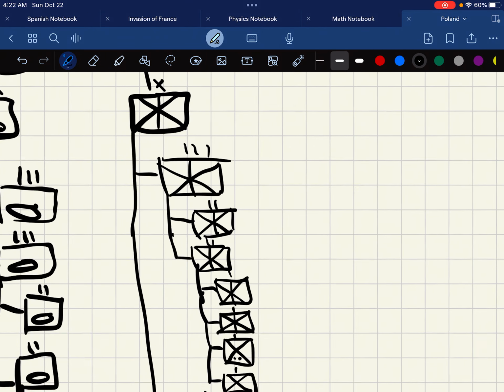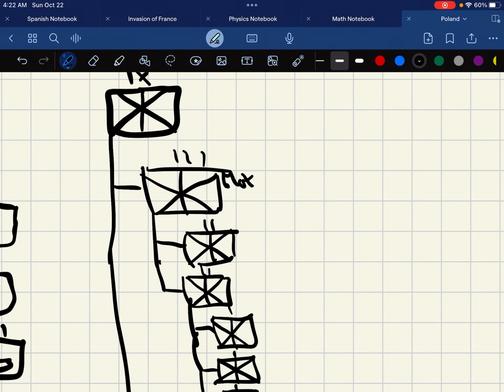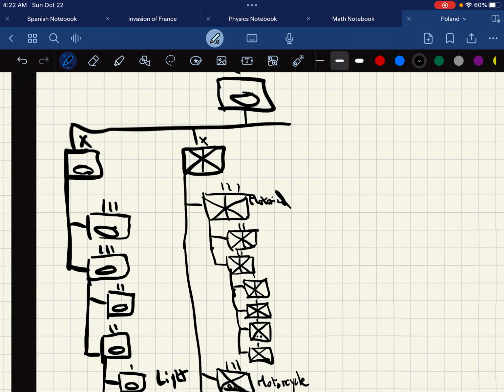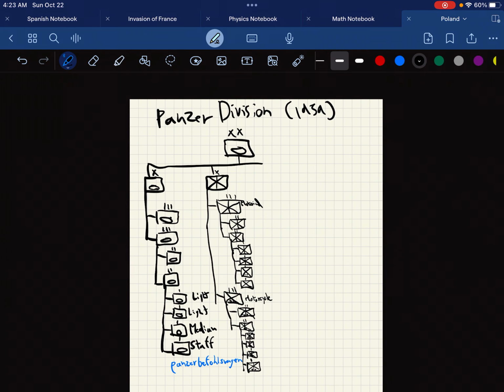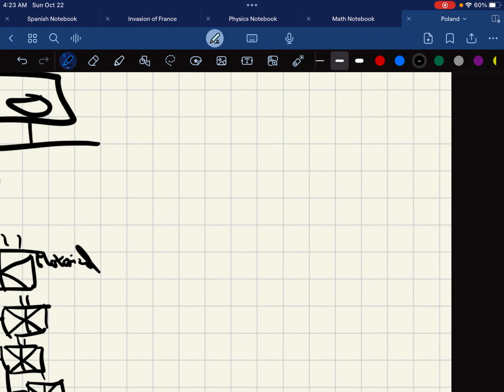So you have a motorcycle regiment, a motorized regiment, and then 2 tank regiments that are in a tank division. But wait, there's more.